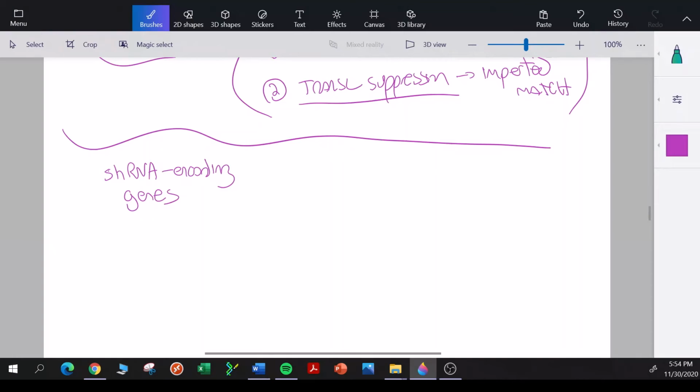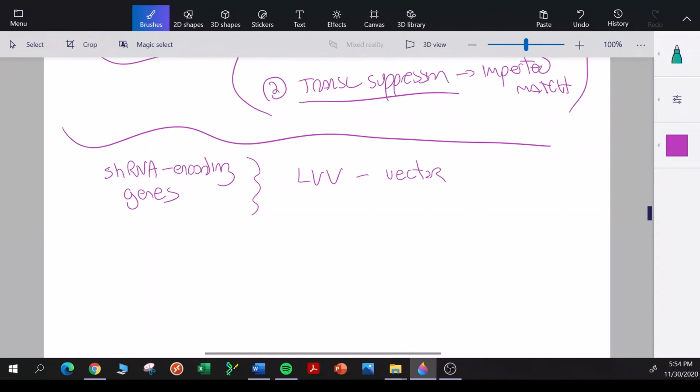With mammalian cells, what researchers usually do is use a lentiviral vector. Another reason I want to talk about these is we've already learned a lot about using lentiviral vectors in gene therapy, right? Remember, a vector essentially is any vehicle, a virus or a plasmid, that is used to ferry a DNA sequence into a host cell.